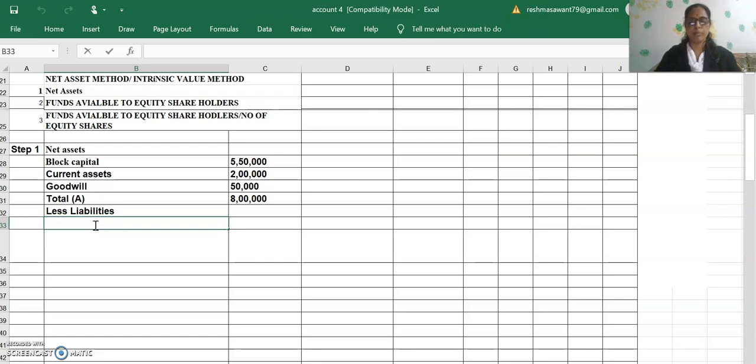First point, 5% debenture, rupees 1 lakh. And creditors, current liability, total current liability 1,30,000.